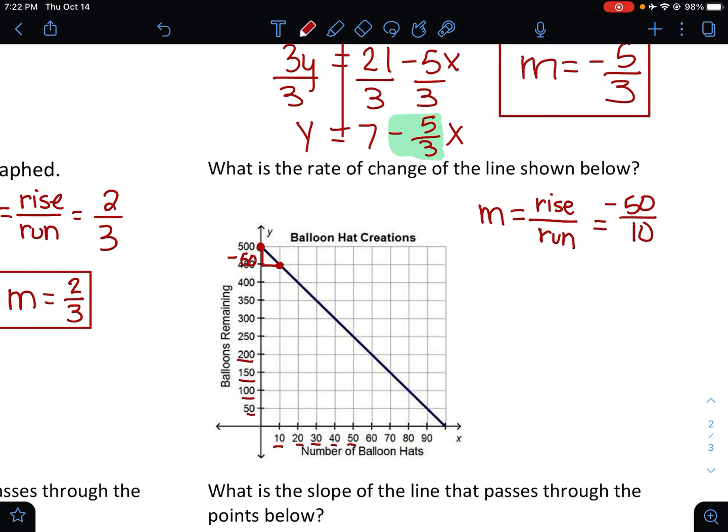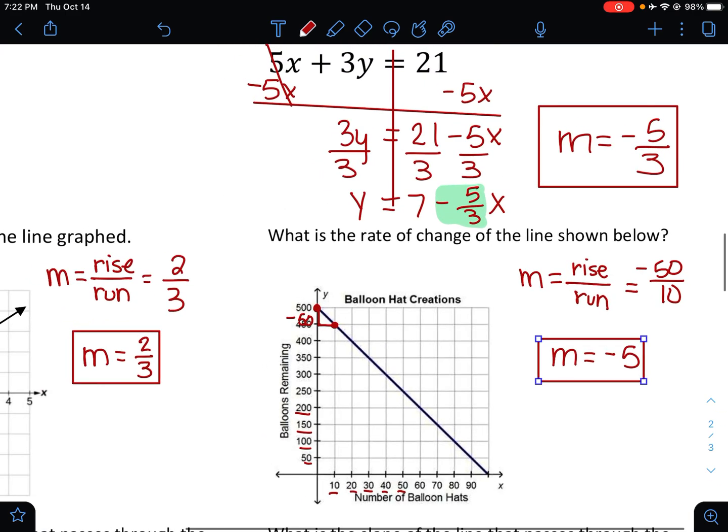Then we have to simplify. Negative 50 divided by 10 simplifies to a negative 5. So my slope for this graph would be a negative 5. If you ignored the scaling of the x and y axis and you just told me that it was negative 1, it would be counted wrong. So you have to make sure you check the scaling of the x and y axis.